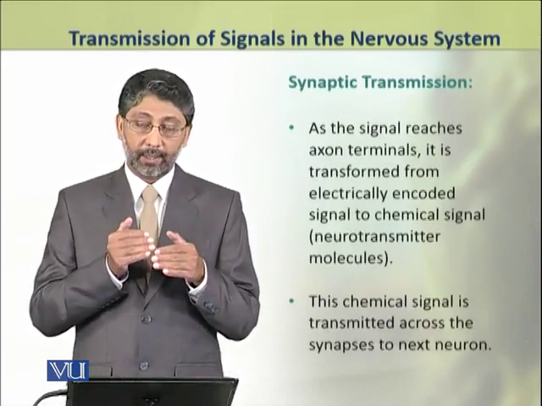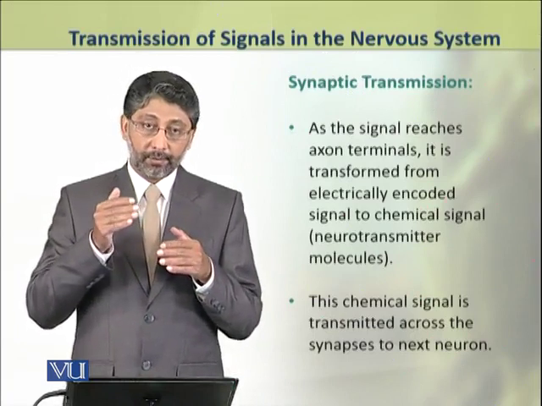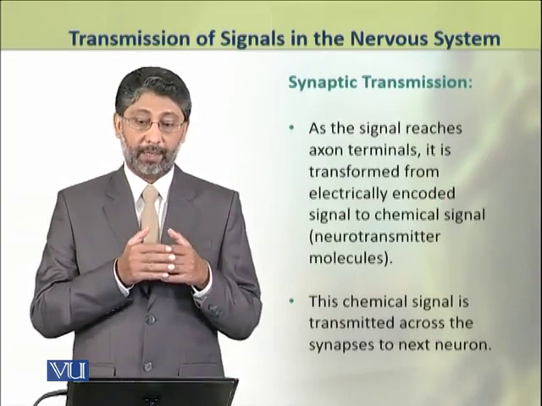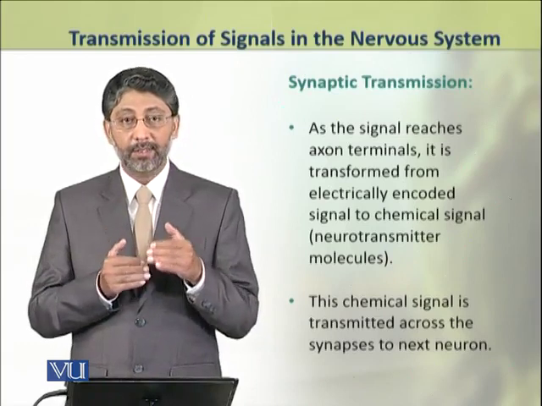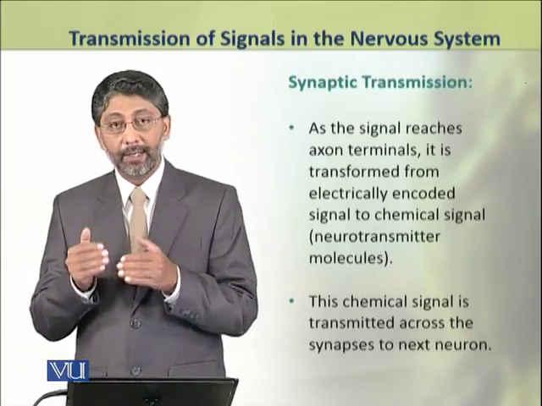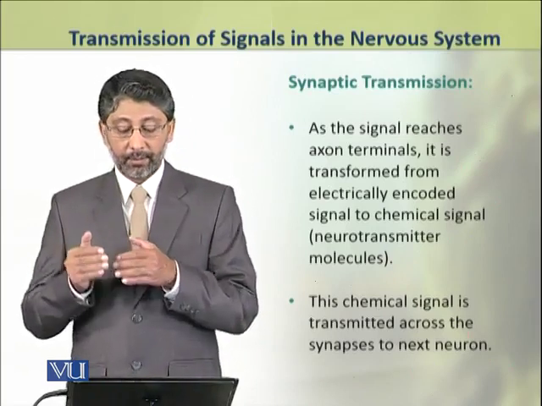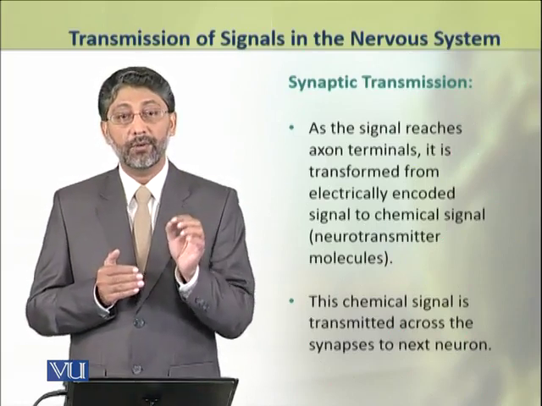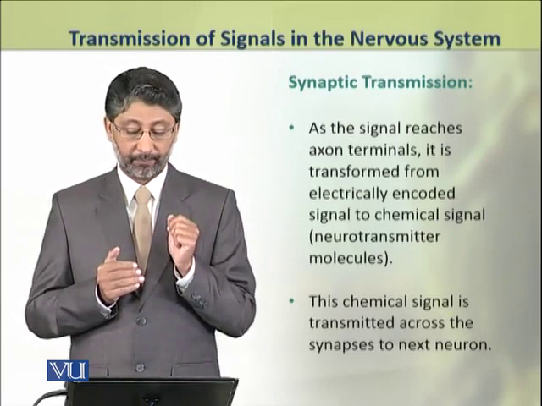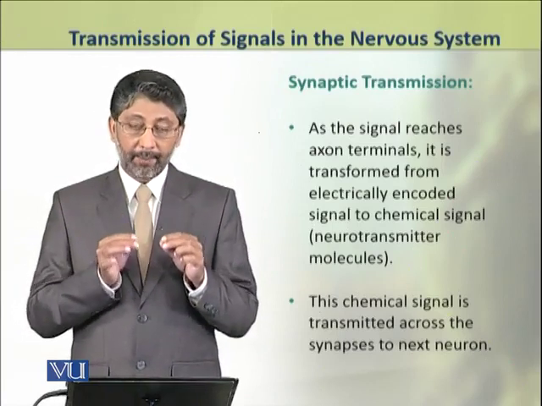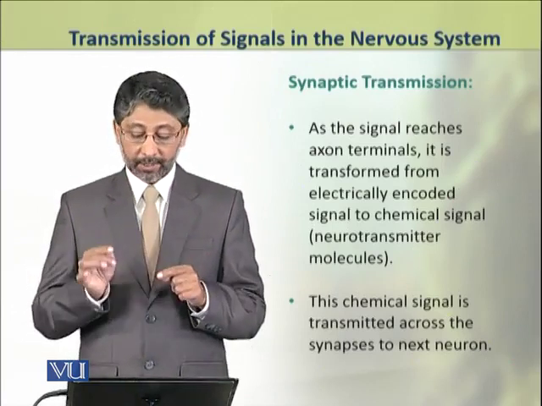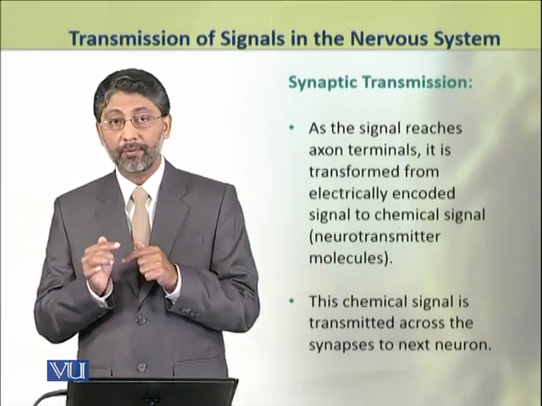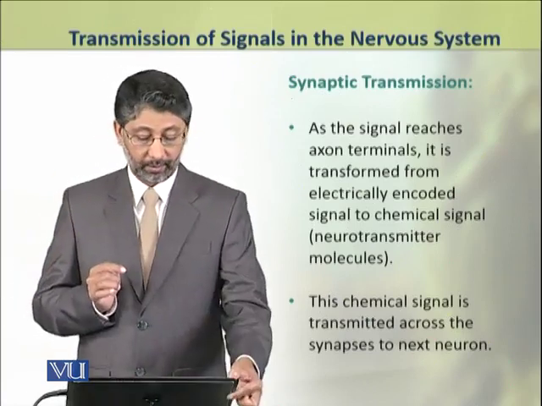When the signal reaches the axon terminals, it is transformed from electrically encoded signals into chemical signals in the form of neurotransmitter molecules. This chemical signal is then transmitted across the synapse to the next neuron.